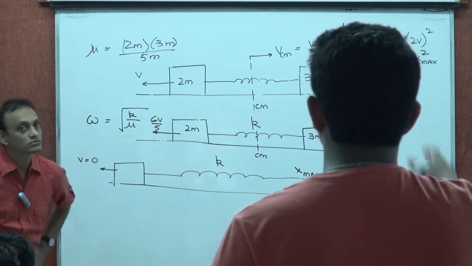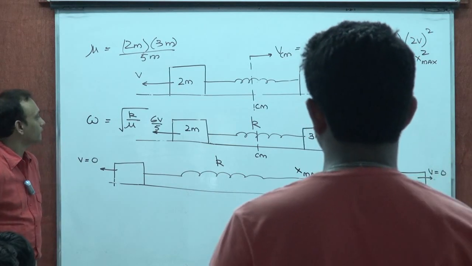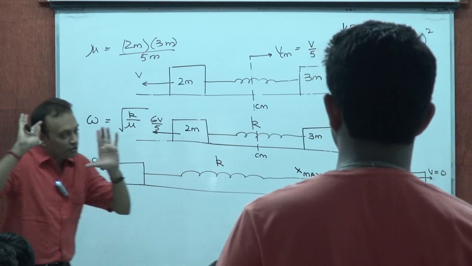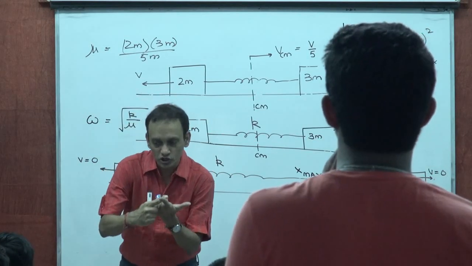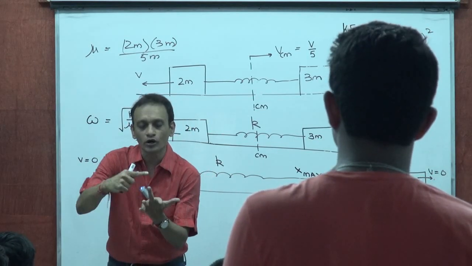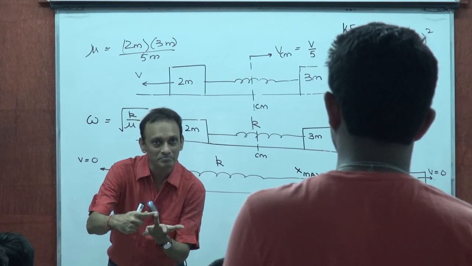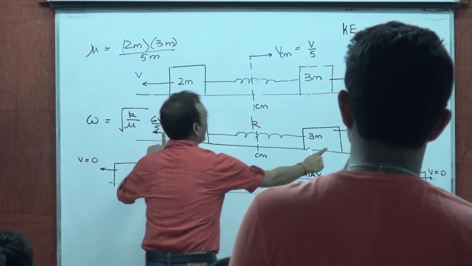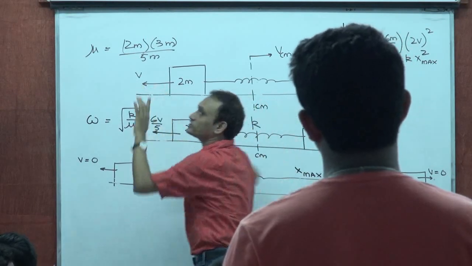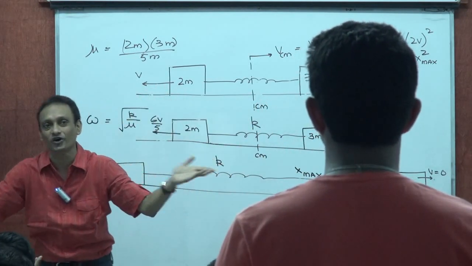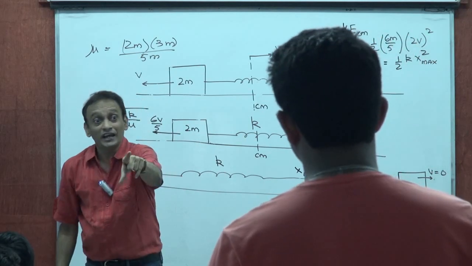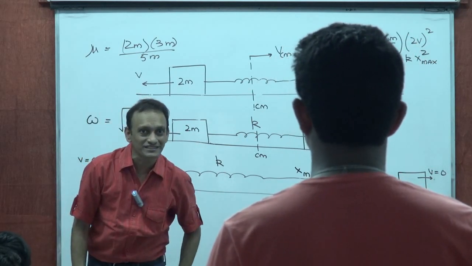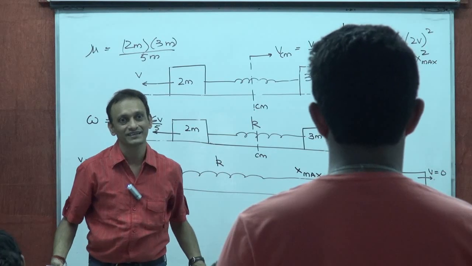Sorry, this has VREL, whether I take with respect to center of mass or I take with respect to London or Patna or Paris, VREL will be the same. Do you realize that? Take VREL of this or take VREL of this, it's going to be the same. That's not going to change at all. Relative velocity will be the same, isn't it? Will relative velocity depend on the frame of reference? That's going to be the same, isn't it?